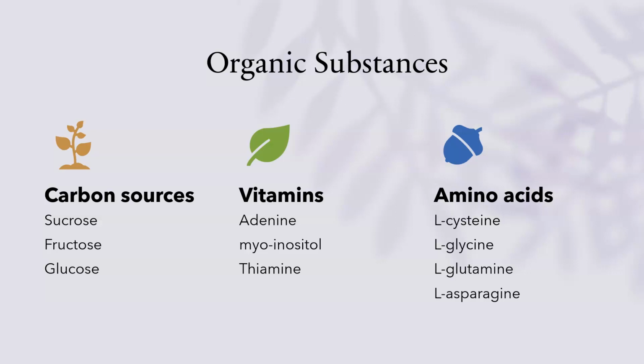This reduced organic nitrogen is more readily taken up by plants than the inorganic nitrogen. L-cysteine, L-glycine, L-glutamine and L-asparagine are commonly used amino acids that are added to the culture medium in the form of mixtures, as individually they may inhibit cell growth.